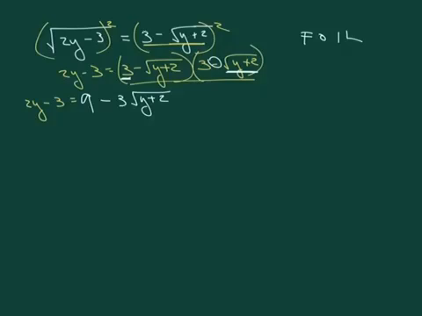Okay, so F is done, O is done. Inside would be this and this. Minus 3 square root of y plus 2. Okay, takes care of that. And then last, and let's just kind of do this. This one times this one. Negative times a negative is a positive.